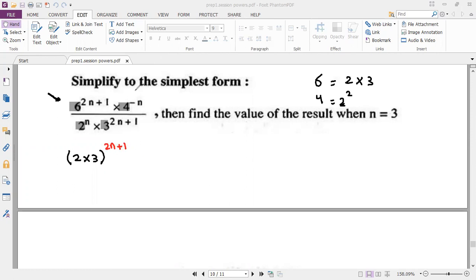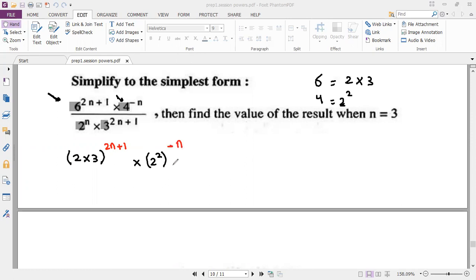Multiplied by, I have here 4. Instead of this 4, we can write 2 to the power of 2. And don't forget this power here, which is negative n.